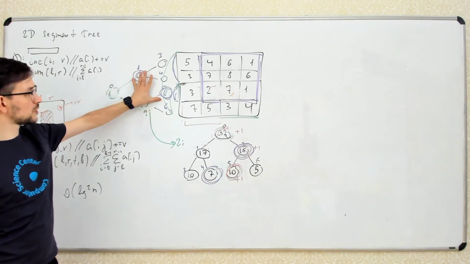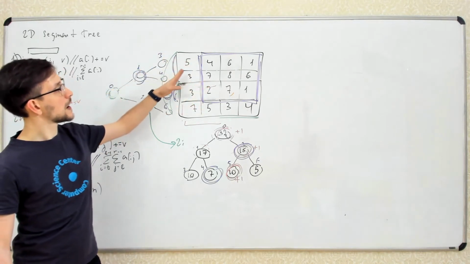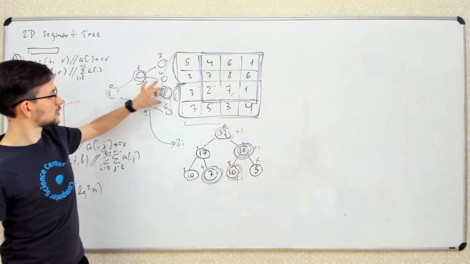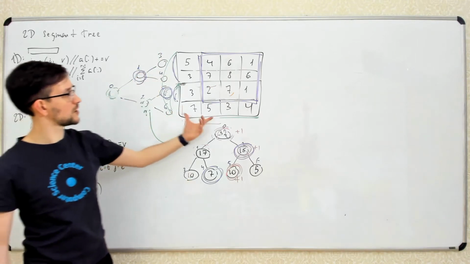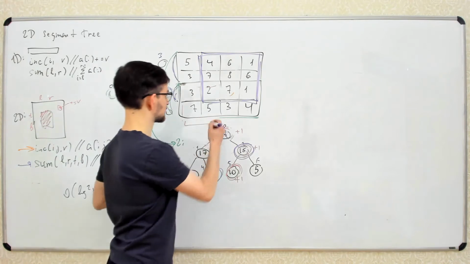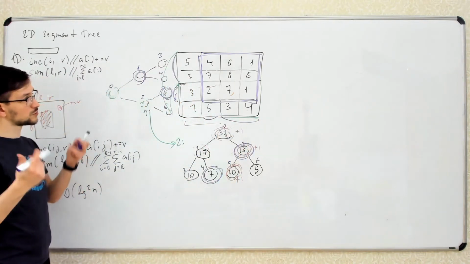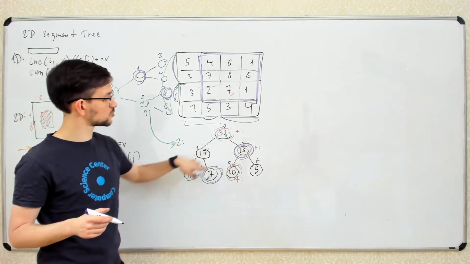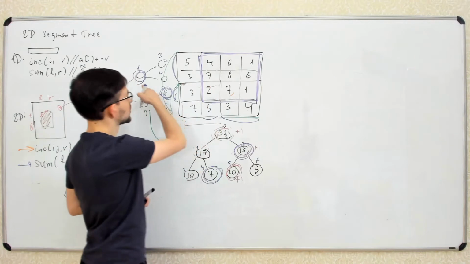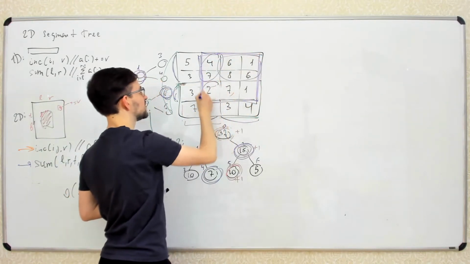Each of these two nodes corresponds to some strip of your two-dimensional array. Inside of this node, you call the same procedure by y coordinates, so you find these two segments. In each of these two nodes, you find these two segments. So they will correspond to this rectangle, and this rectangle.